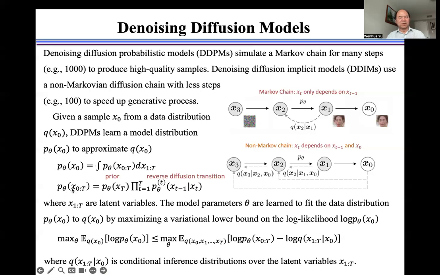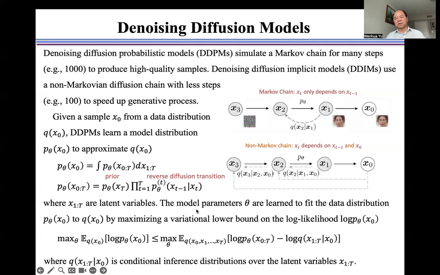This is the joint probability of x0 to xT that is calculated by using prior and reverse diffusion transition, where x1 to xT are latent variables.